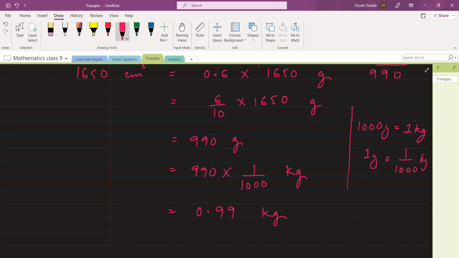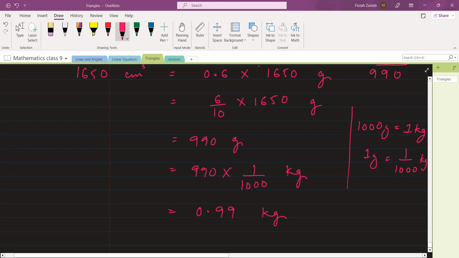Yes, Zeba, what is the answer given in NCERT book? Can you check at the back? Yes, ma'am. Just a second.